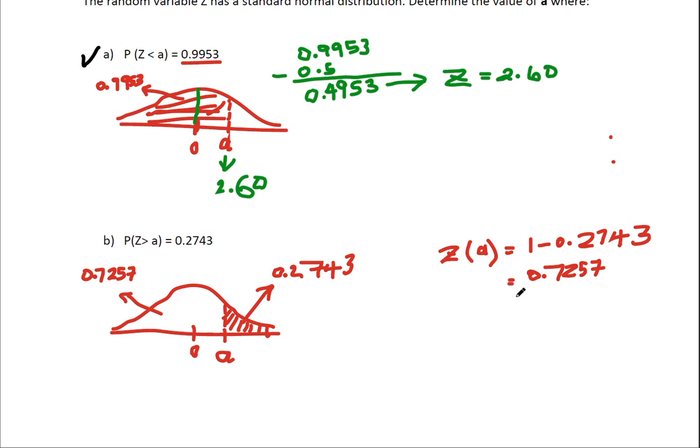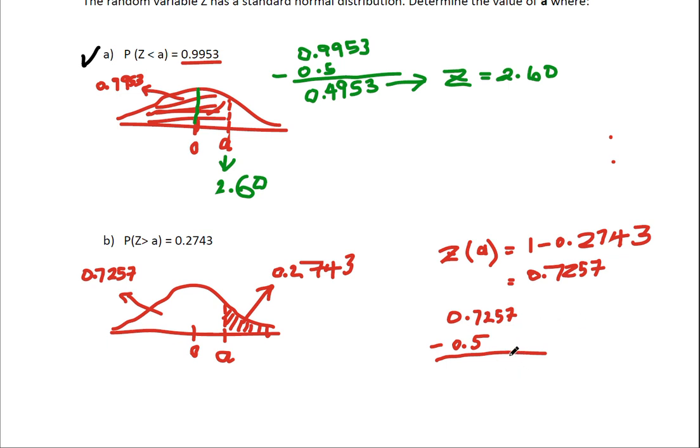But in the half table, we will have to go ahead and subtract 0.5 from the 0.7257. So we'll take 0.7257 minus 0.5. The reason for subtracting 0.5 here is because the half table only accounts for 50% of the probability.